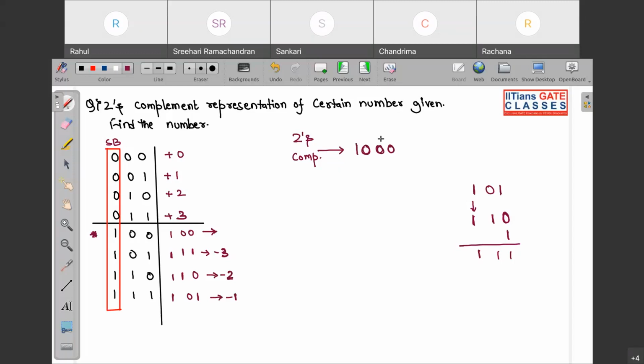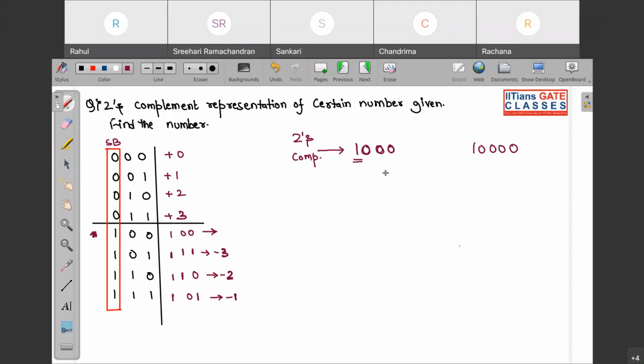What is the original number? This is also in 2's complement form. What is the original number? So you might be thinking that this is 1.